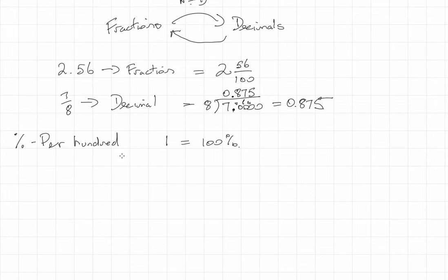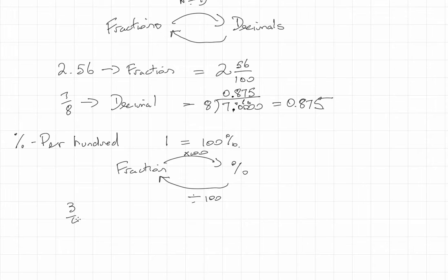So if we've got a fraction and we want to convert it to a percent, we simply multiply by 100. And if we've got a percent and we want to make it into a fraction, we divide by 100.